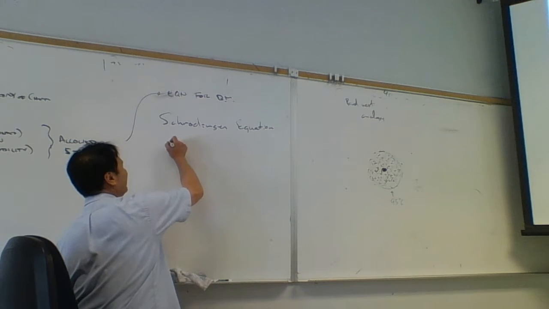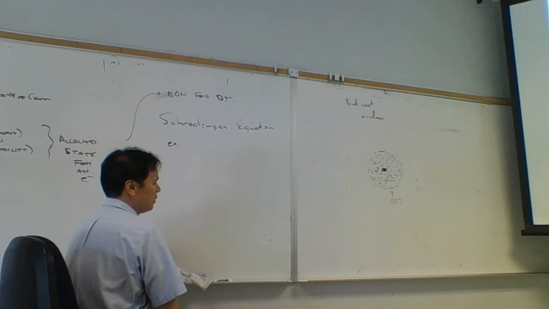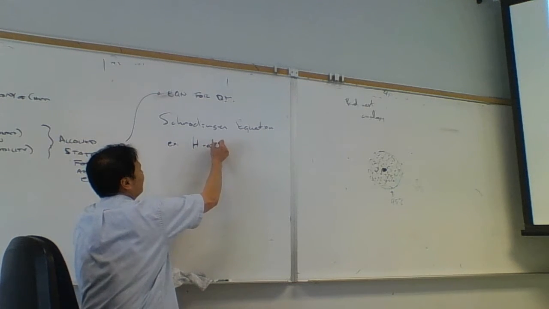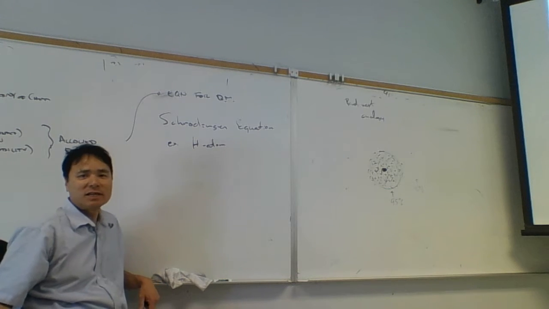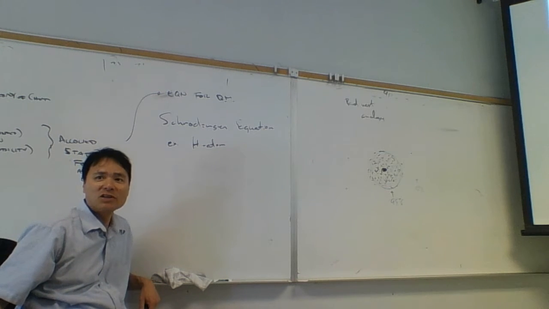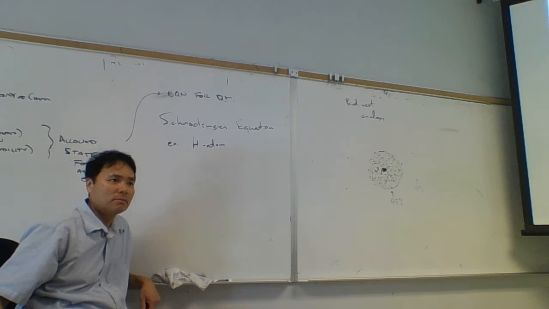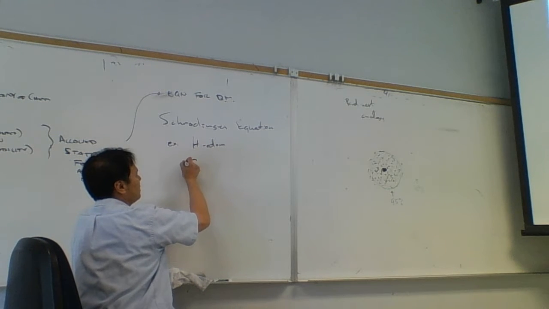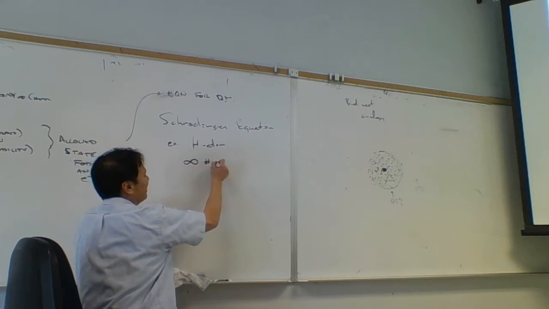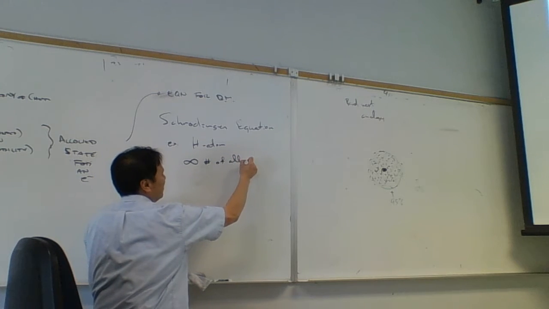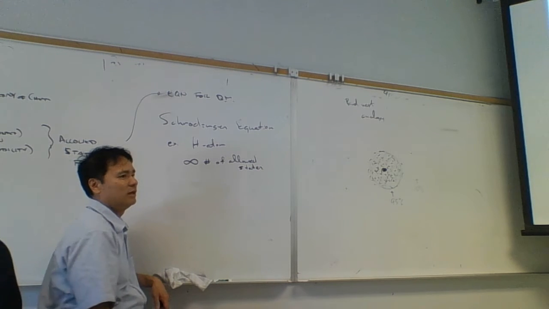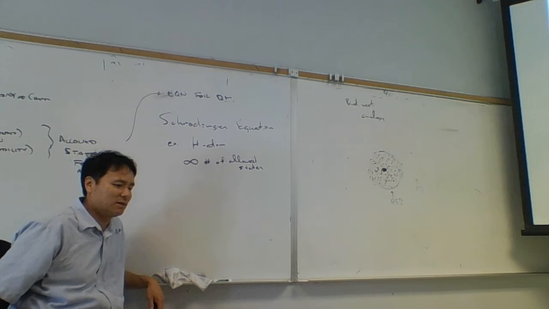The math is not so easy, but for example, take the H atom. How many allowed states are there for an electron in a hydrogen atom? For an H atom, we can use the Schrödinger equation to determine that there are an infinite number of allowed states.